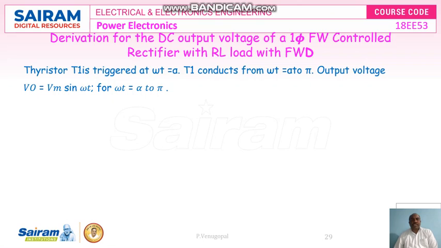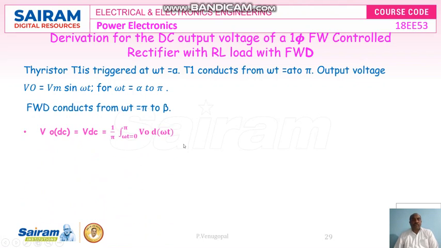Thyristor T1 is triggered at omega t equal to alpha, and it conducts from omega t equal to alpha to pi, and the output voltage V naught is equal to Vm sin omega t. It shows that the output follows the input supply for the period omega t equal to alpha to pi, and the freewheeling diode conducts from omega t equal to pi to beta.